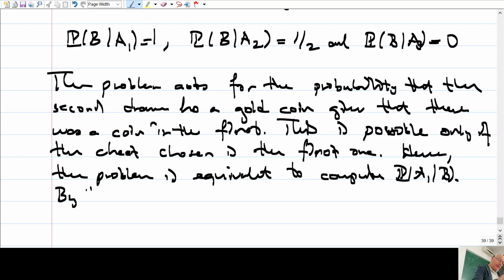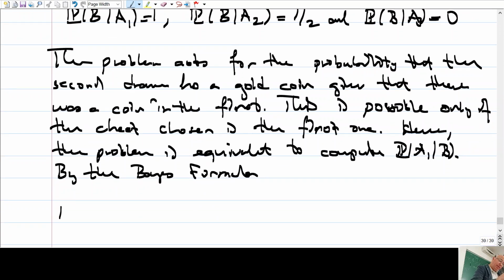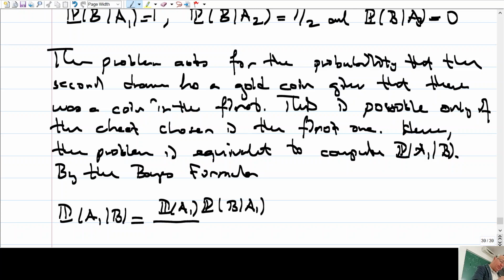So by the Bayes formula, this probability P(A1|B) is equal to what? This is P(A1) P(B|A1) over the sum over i of P(Ai) P(B|Ai), right?